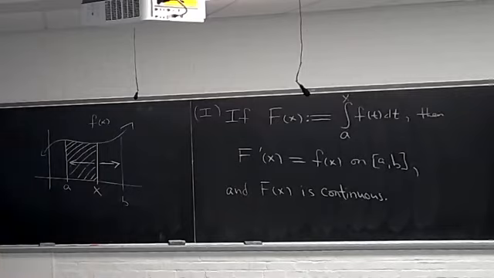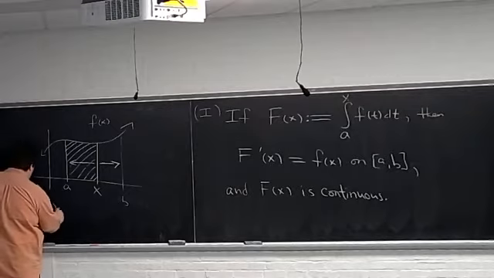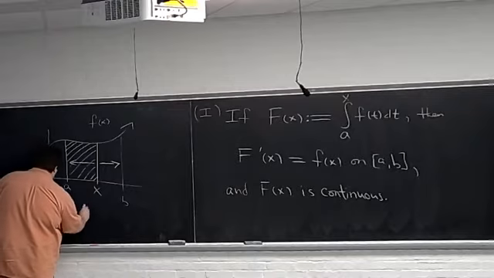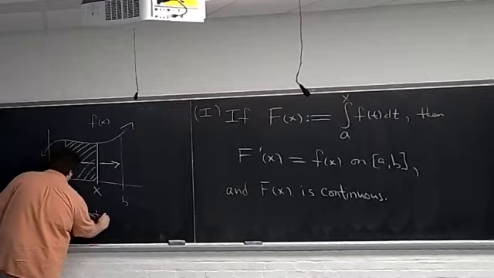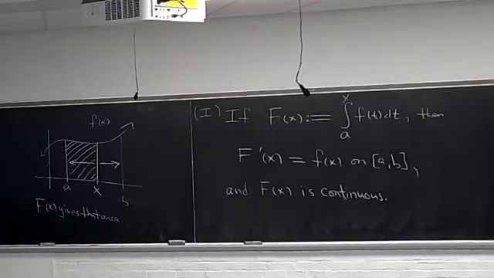Capital F of x gives that area, and x is a variable, so that x can move all over the place and capital F will still give that area. Any questions about that observation?